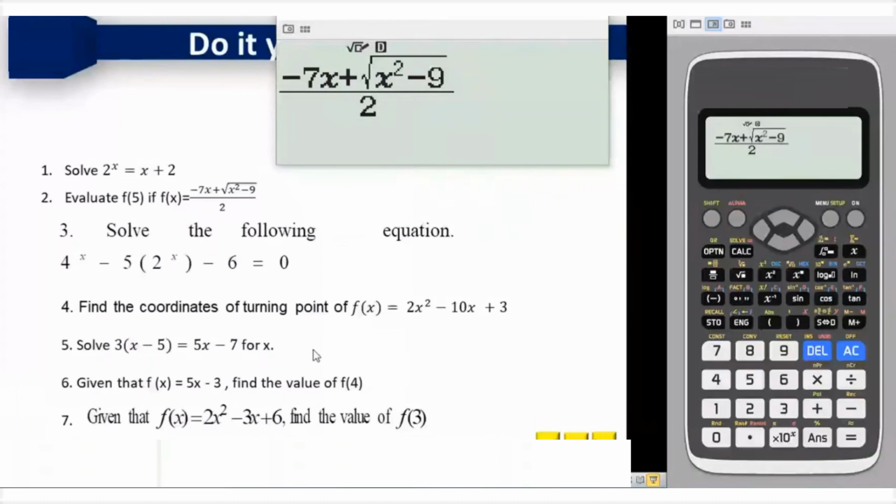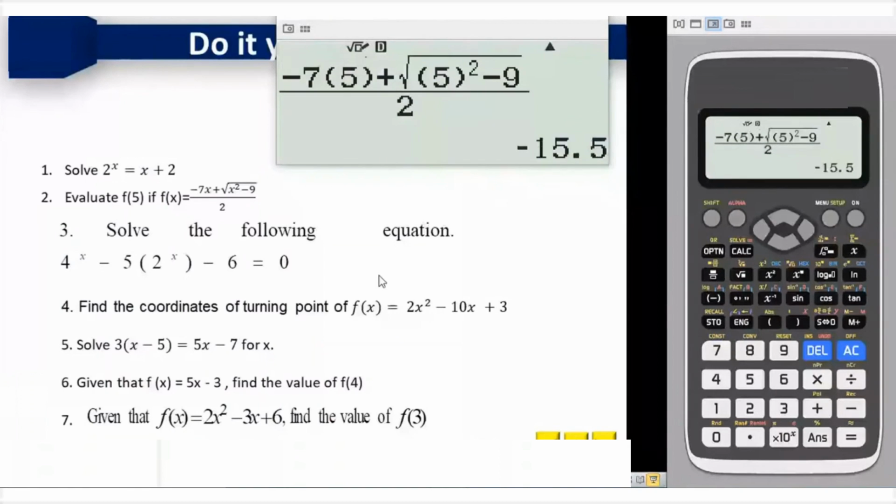Since it is a function, I would advise replacing x by 5. So I am now replacing x by 5 within brackets, and I have done so. All I need to do is press equals, and the correct answer to question number 2 is minus 31 upon 2.